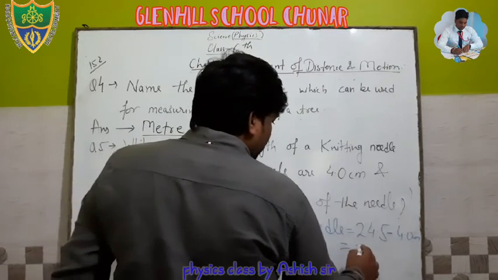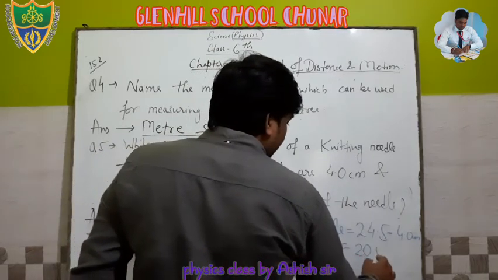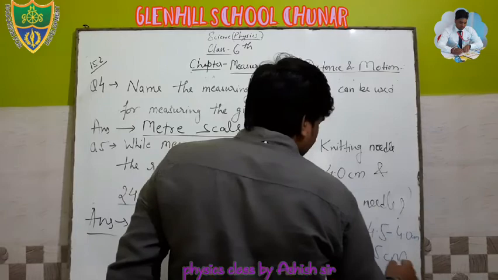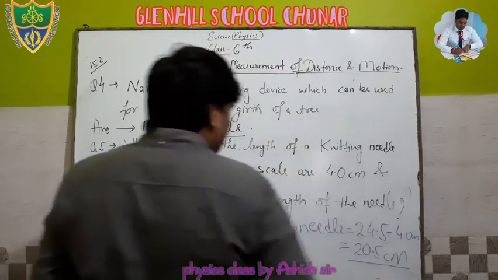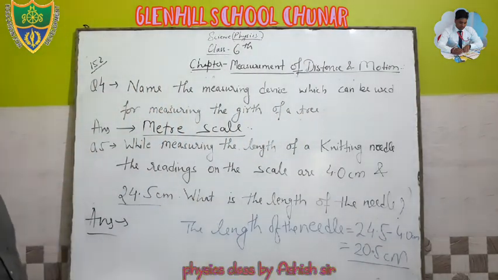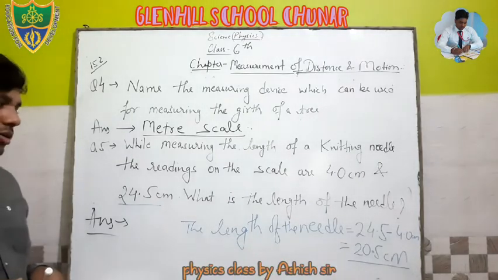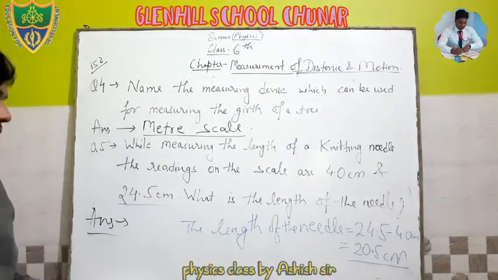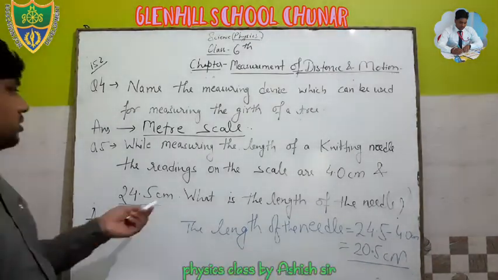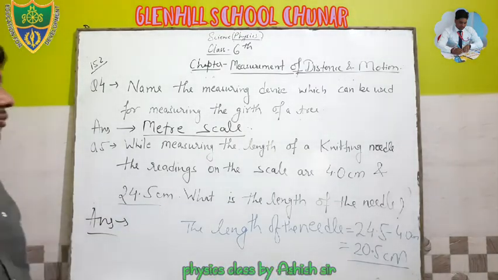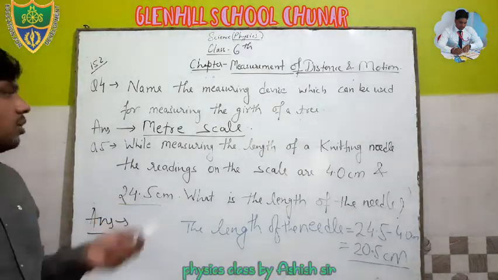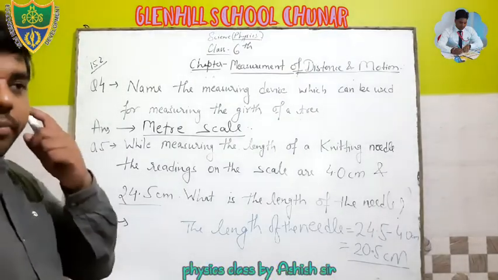So you get 20.5 centimeter. This is the length of the needle. Understood? Understood all of you? Very easy question. Now let's note this down, and after noting it down we will start a new topic.